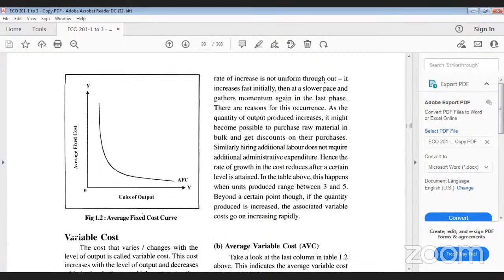Variable cost: the cost that varies with the level of output is called variable cost.